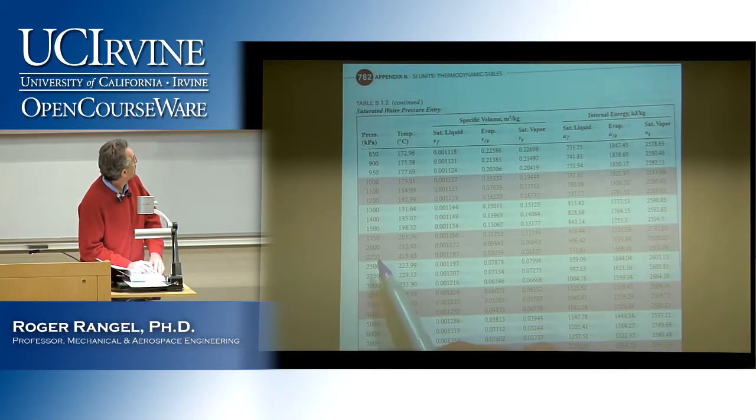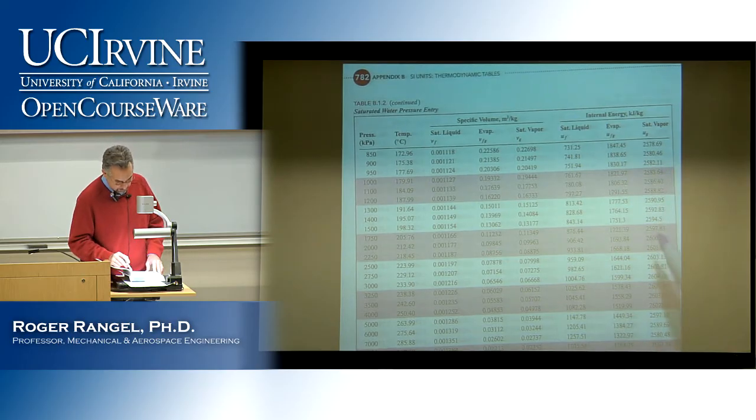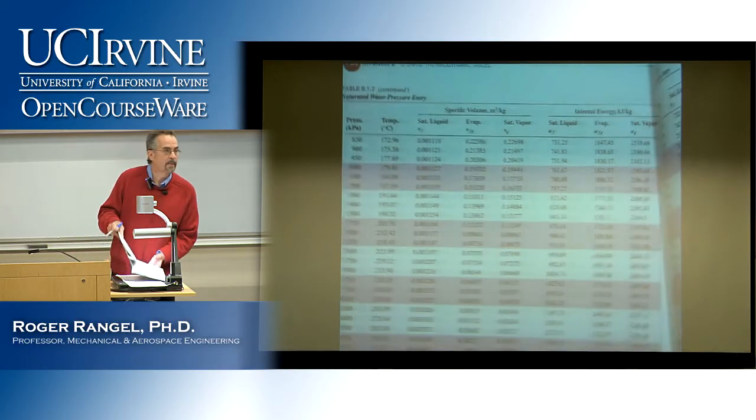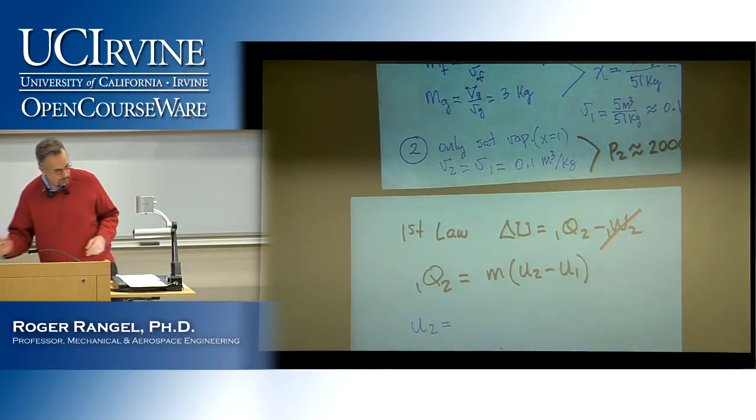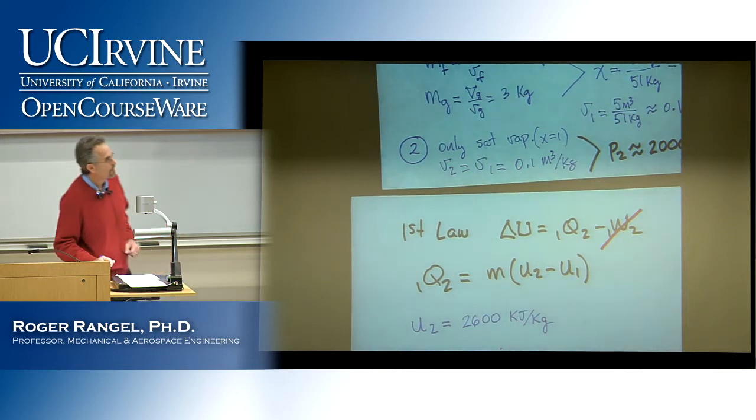If I go at 2,000 kilopascals, I just read that 0.01 there. The next number I need, way here to the right, is U sub G, 2,600. That's my U sub 2, 2,600 kilojoules per kilogram.